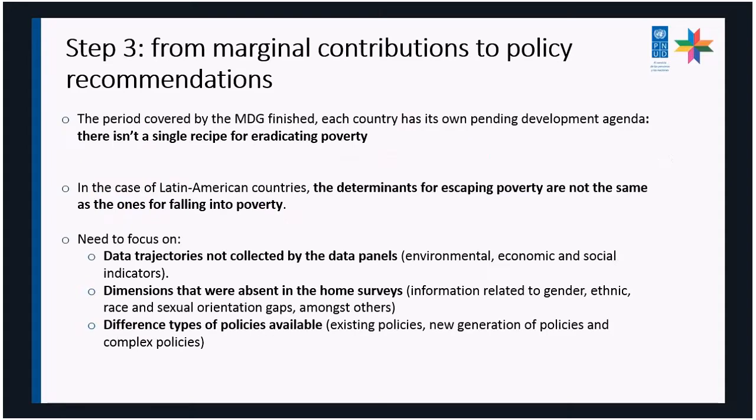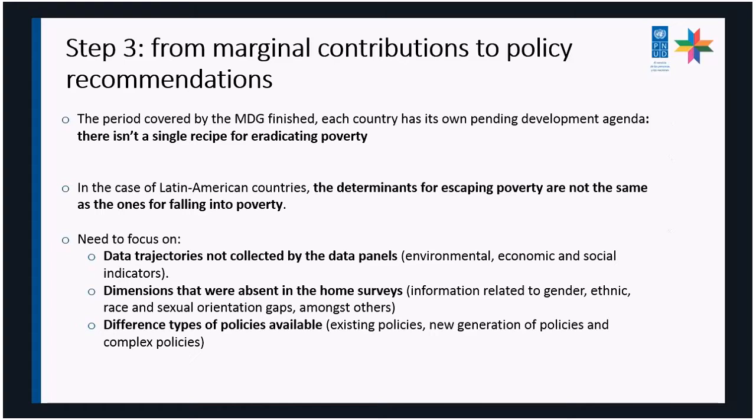So we think that it's important to keep in mind that once the period of the Millennium Development Goals finished, each country has its own pending development agenda, and that there is not a single recipe for poverty eradication, and there is not a single group of policy recommendations that will work for all countries.